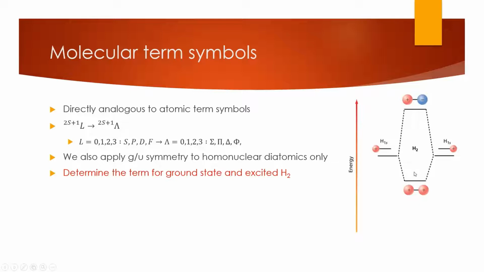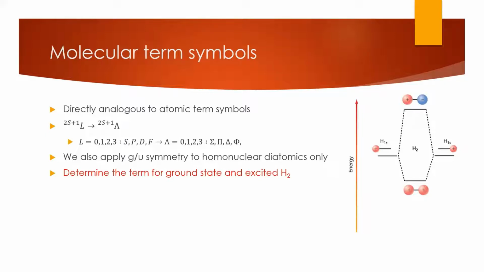For the ground state helium atom, and every atom where every orbital was full, it was a 1S state. That is going to be the same for diatomic hydrogen. We have 1S, but since we're talking about a molecular orbital, we use sigma. So we'll have a 1 sigma state for the ground state of hydrogen.